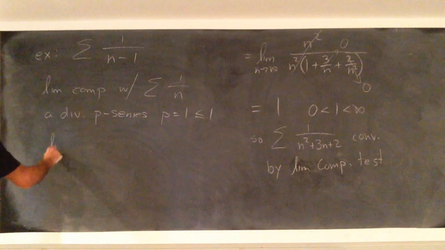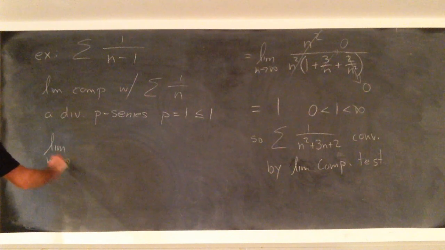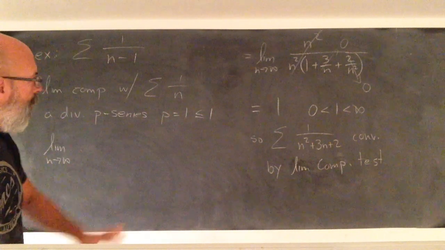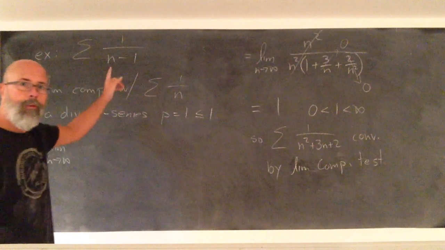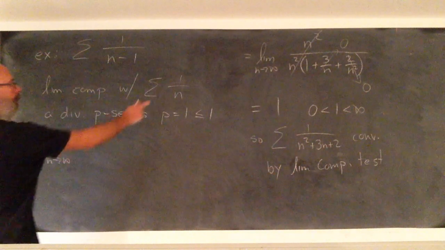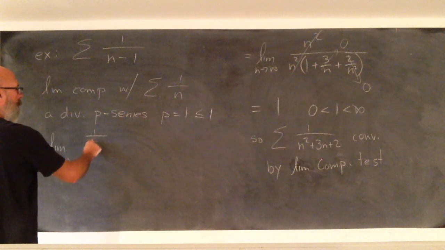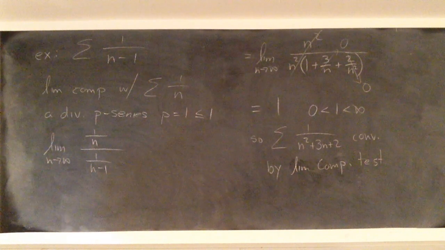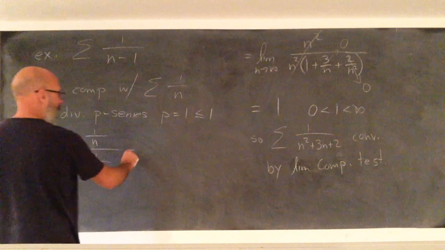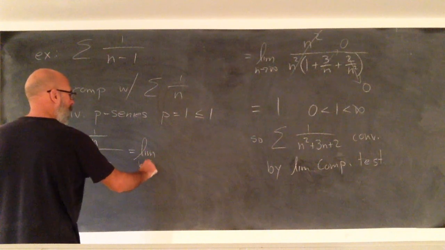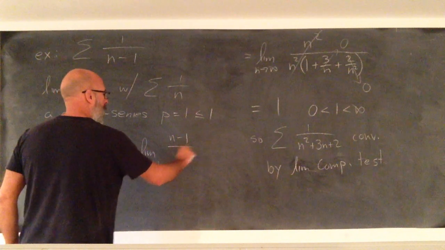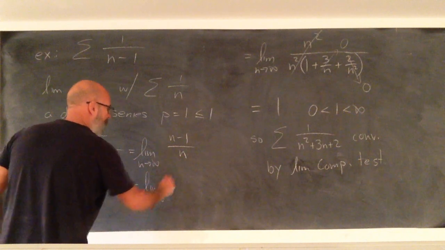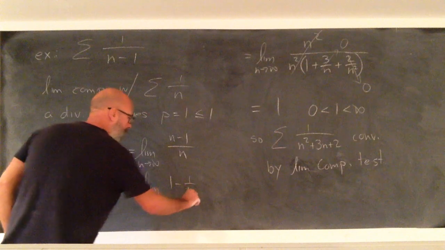If we do the limit comparison, it's going to be the limit of one term divided by the other. It doesn't matter which one. Makes no difference. Let's mix it up. This one divided by that one. Or, if you prefer, n minus 1 over n, which is 1 minus 1 over n.